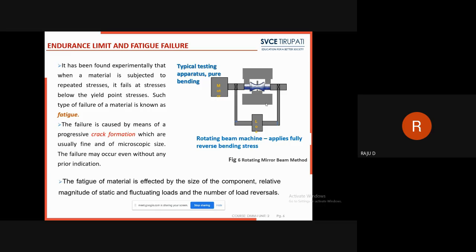Okay, so the SN curve is mainly developed by using the rotating beam method. In this method, we keep on applying a load in each and every cycle with respect to the load condition. What is the amount of stress induced in a given polished specimen?